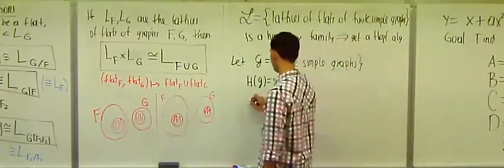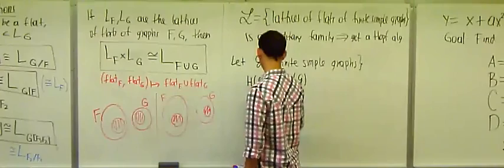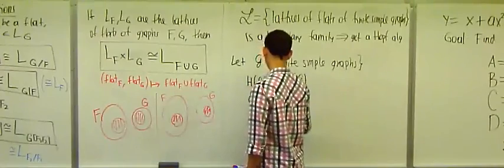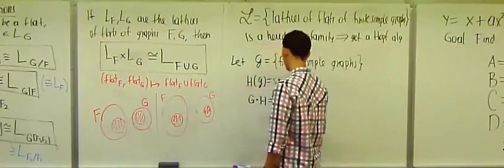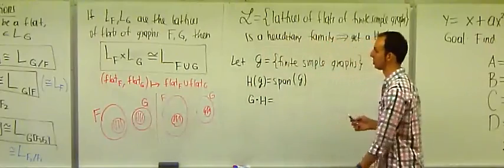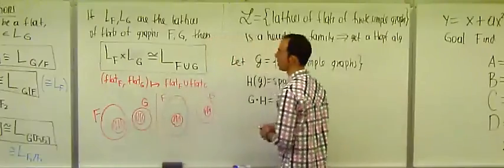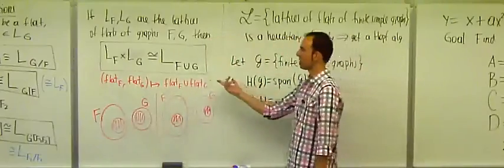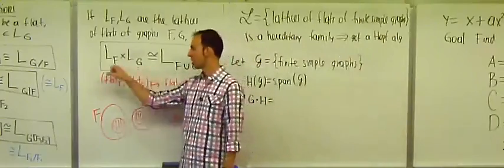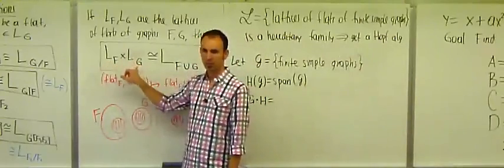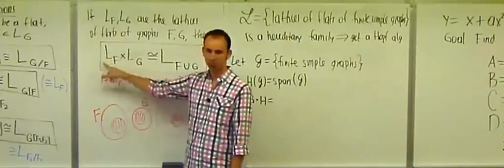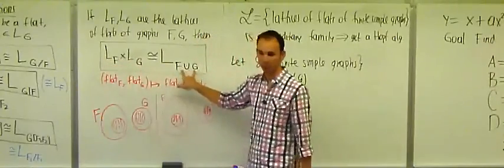And we're going to say that the product of two graphs, what should the product be? We want the product of the lattices. What we're seeing here is that the product of the lattices corresponds to the union of the graphs.